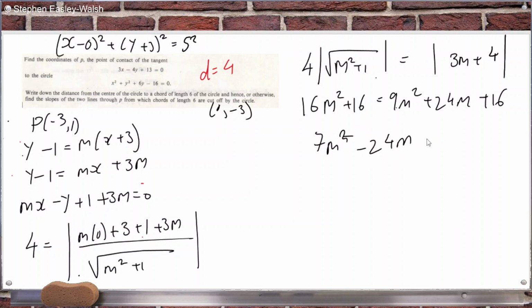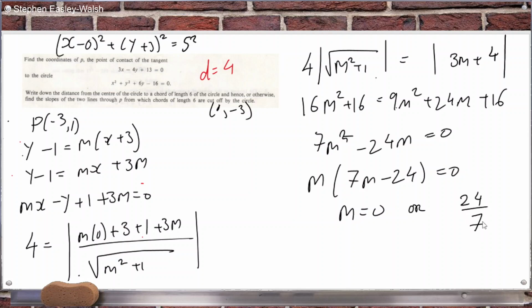Oh, that's nice. The 16s cancel. So m comes out, and that leaves me with 7m minus 24 equals 0. So m equals 0 or 24 over 7.